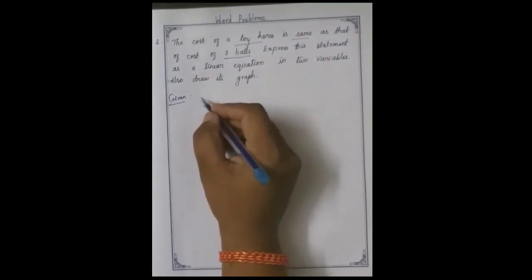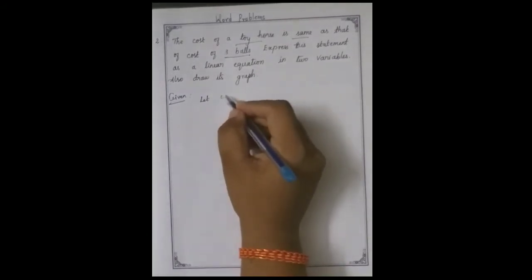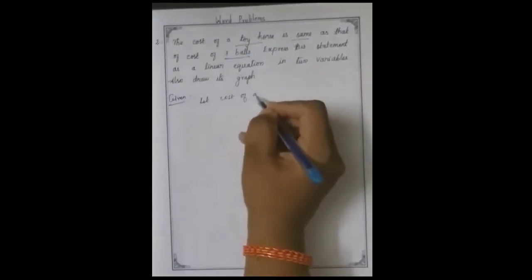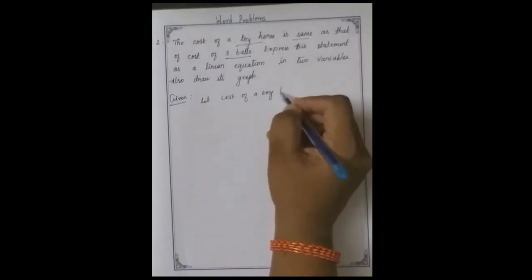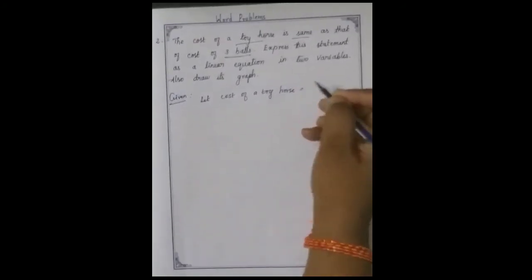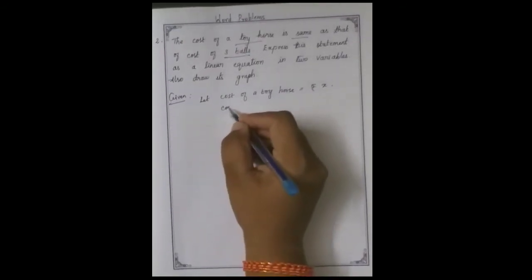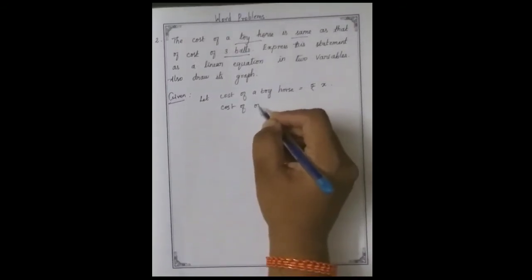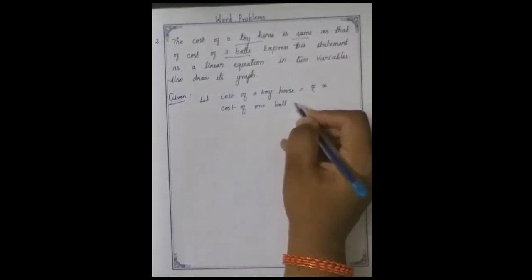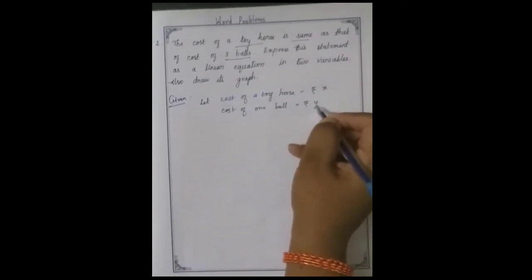We can assume the cost of a toy horse is equal to rupees x and the cost of one ball is equal to rupees y.